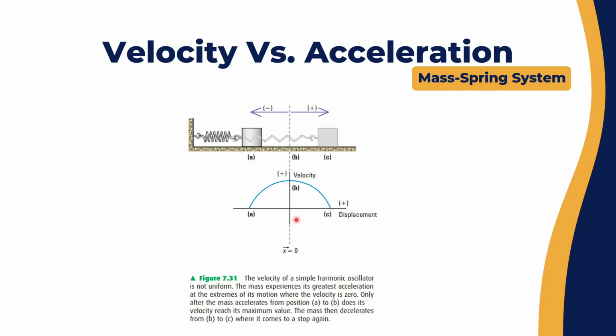Now, if we draw the velocity versus displacement, we can see here we are at position A, then position B, then position C. As we move towards C, the displacement goes from negative through 0 to positive. We can see the velocity started at 0 and gradually increased to the maximum, and at the maximum displacement the velocity was 0, as well as at the maximum negative displacement.